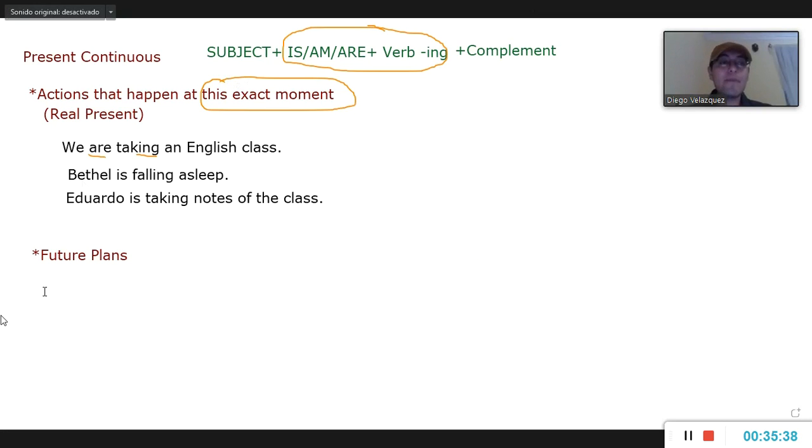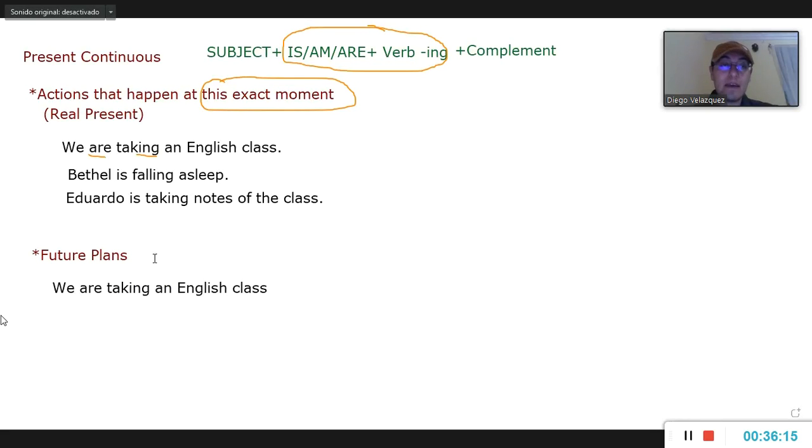Now, children, what happens in the case of future plans? For the moment, I'm only giving you the idea of how to create future plans because we need to check this in another, different lesson. But for you to start creating an idea yourselves, pay attention in here. How do we make a sentence in present continuous that refers to the future?